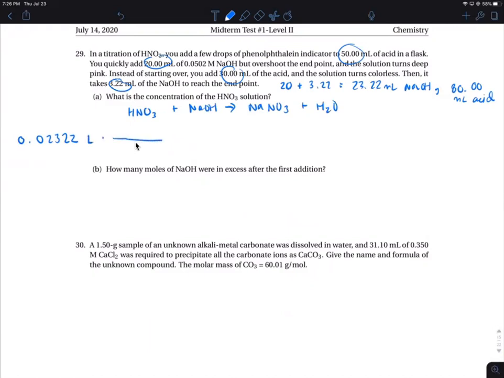And then convert that into moles by using the molarity given, 0.0502 moles NaOH per liter. And then for every 1 mole of NaOH, we have 1 mole of HNO3.